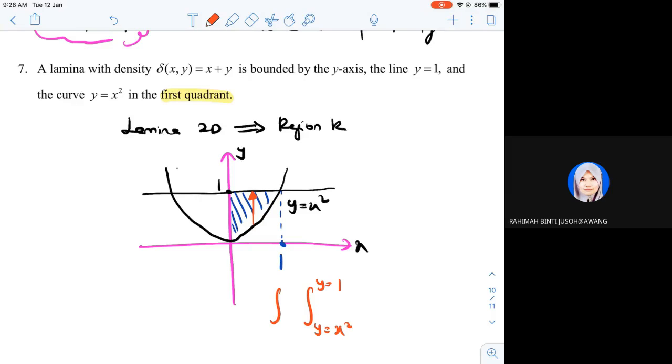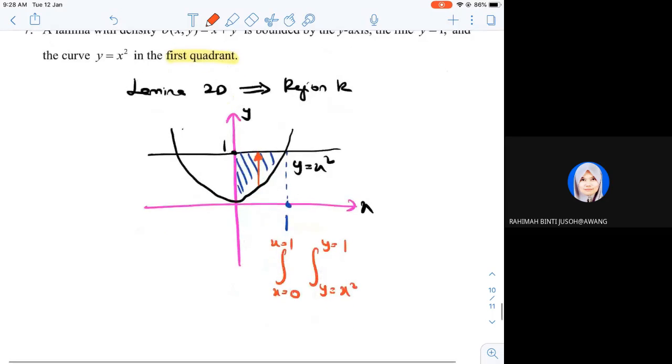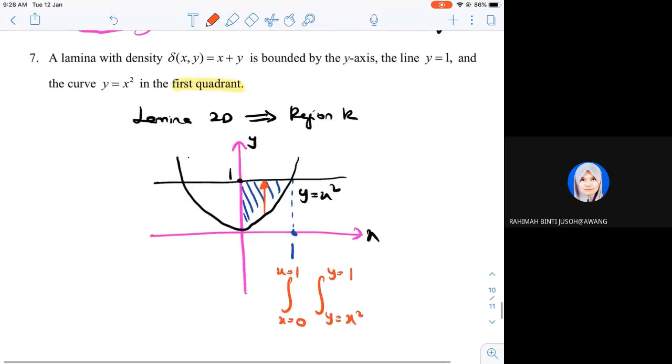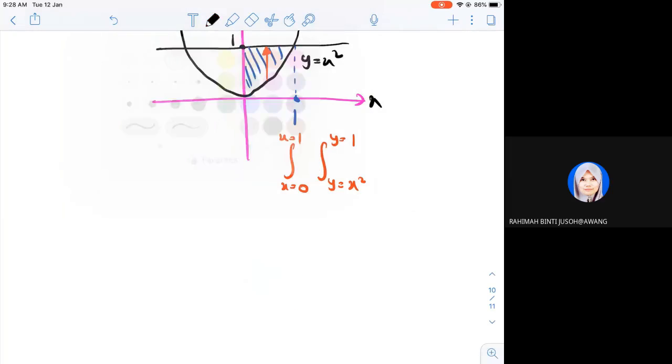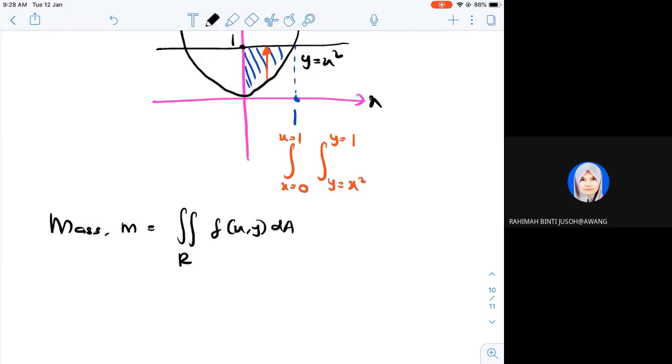How about x? x from 0 until x equals to 1. Okay, so that's our limit of integration. So settle. Now, let's find our mass. Okay, mass M equals to double integration over region R, density function of xy dA.